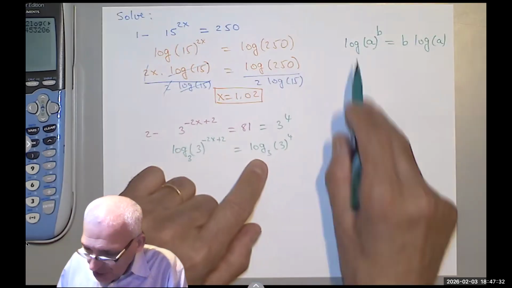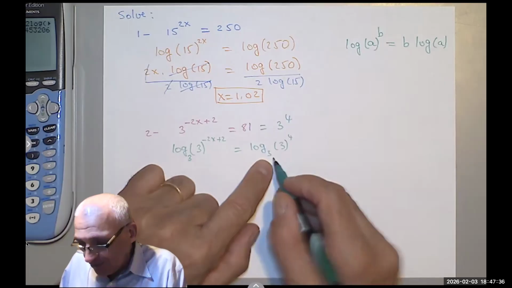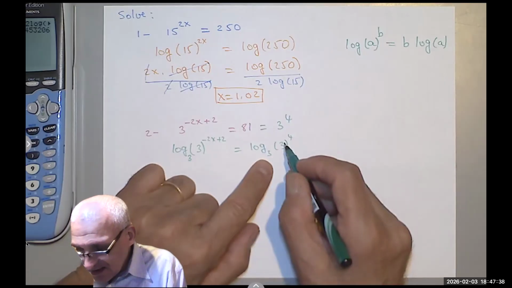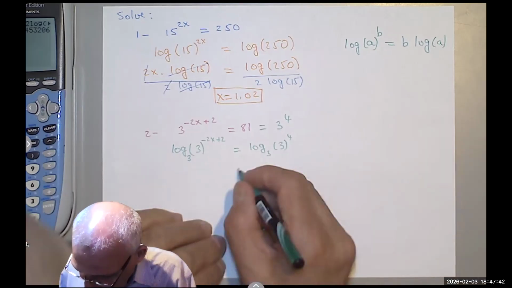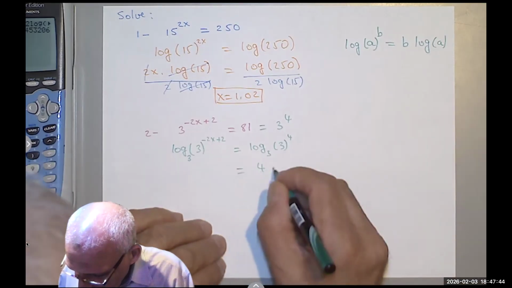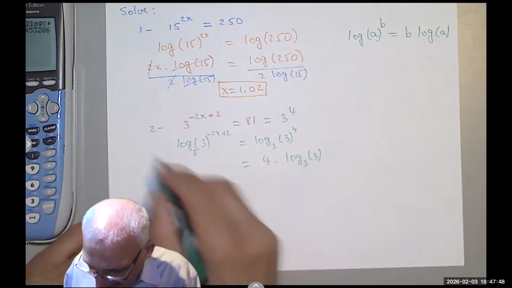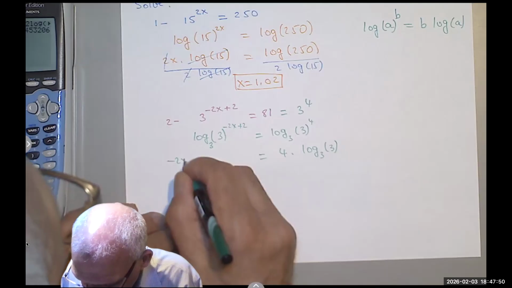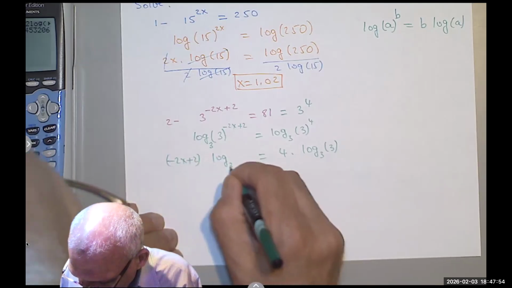Here, log to the base 3 of 3 is 1. So the right-hand side is 4 times log to the base 3 of 3, and the left-hand side is negative 2x plus 2 times log 3 to the base 3.